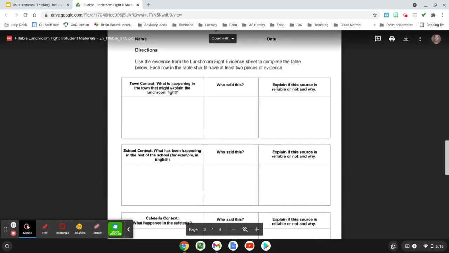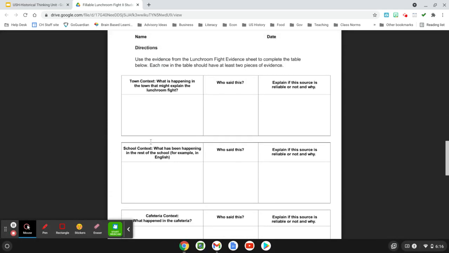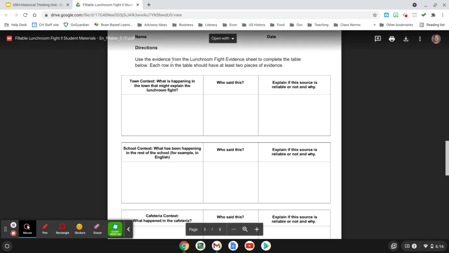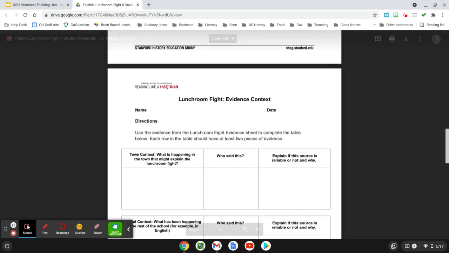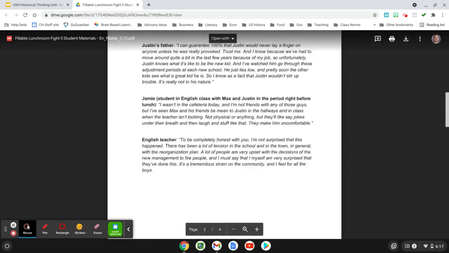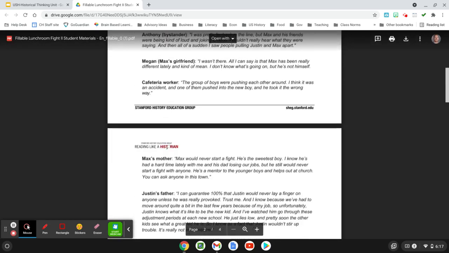Down here, you're going to answer these questions, looking at different context, with 2 quotes for each box. You'll want to figure out who said it, and then also explain why the source is reliable or not. So go back if you need to to the reliability lesson to remember how to do that. But you're going to want to try to put all these pieces together. And now you've got even more evidence to try to corroborate with each other to figure out what happened.